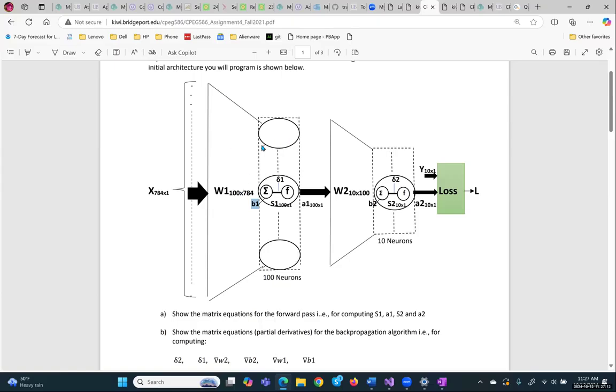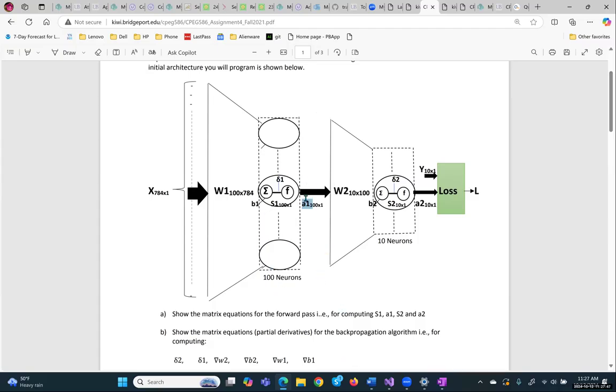Each neuron has one value for the bias, right? And how many neurons are there in the first layer? 100. So B1 will be 100 by 1. What about S1? There are 100 neurons, each producing one S value, so it will also be 100 by 1. What about A1? 100 outputs, so it has to be 100 by 1.